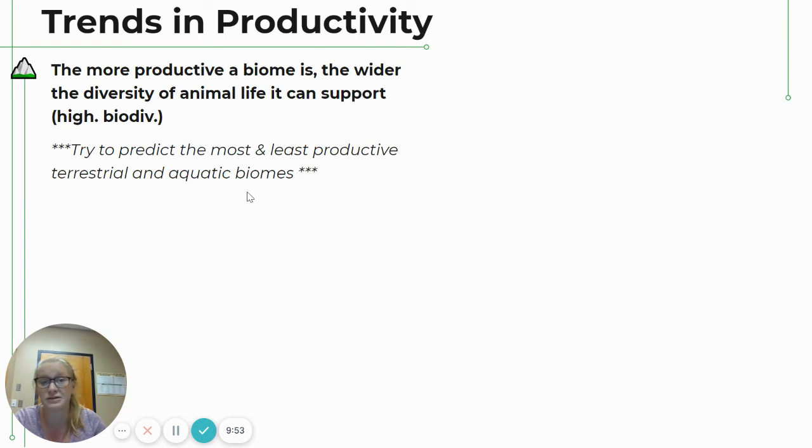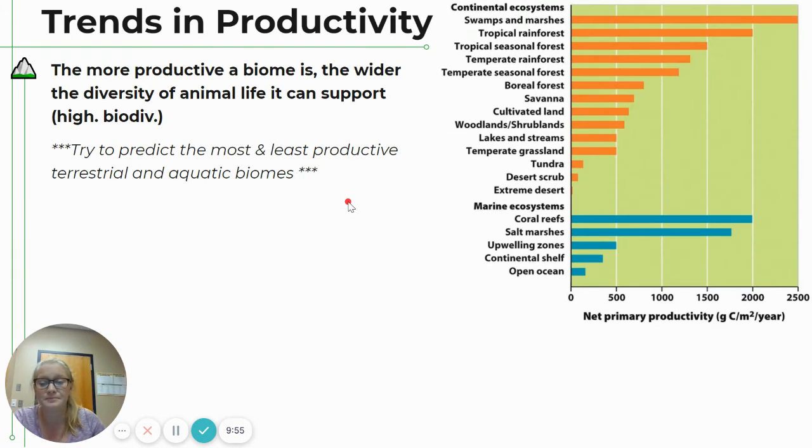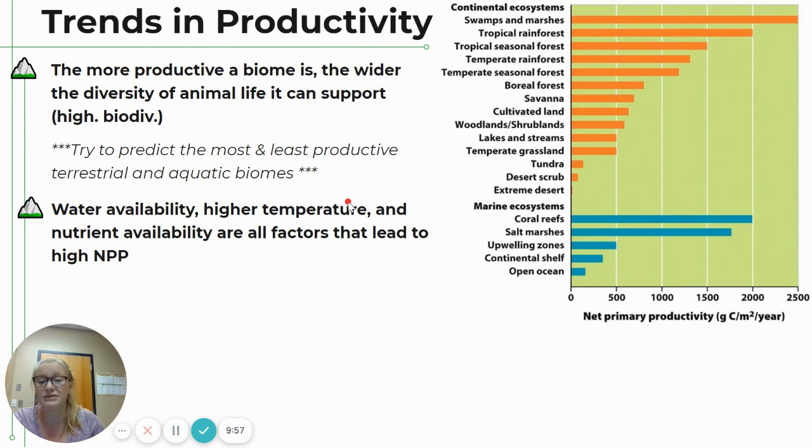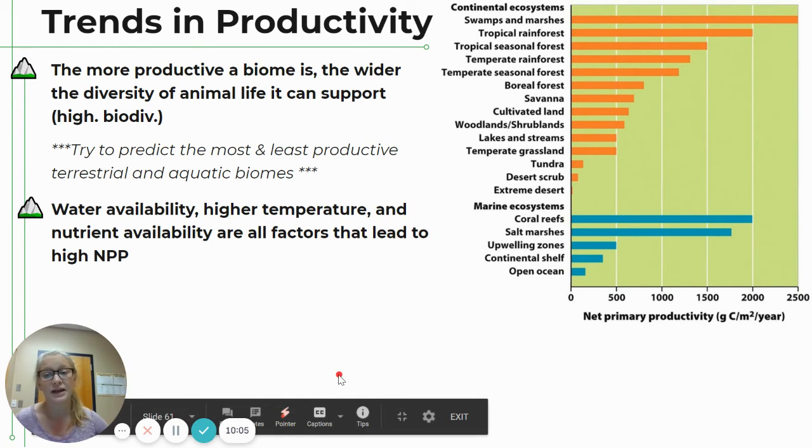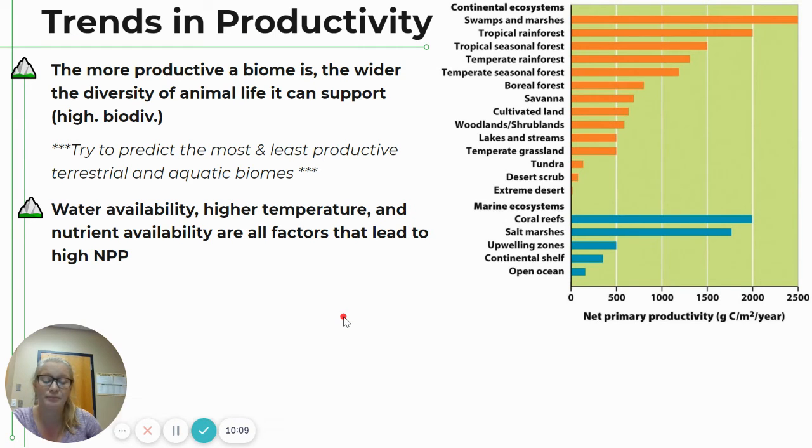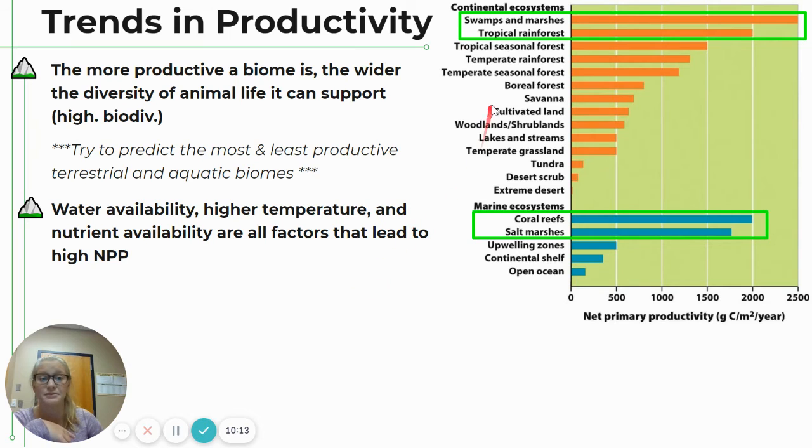Well, the most biodiverse biome is the rainforest. Obviously water availability, high temperature, and nutrient availability are also factors that lead to the amount of productivity it produces. But when we're looking at biodiversity and its relation to productivity, biodiversity goes up a lot in those biomes.